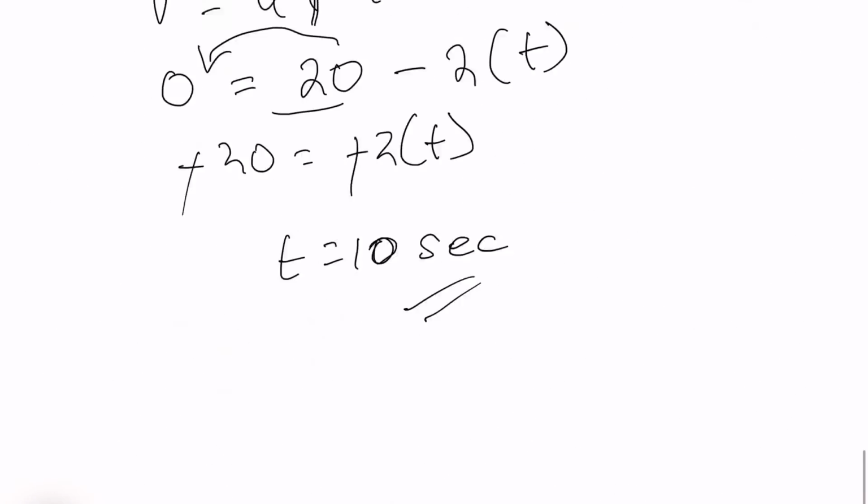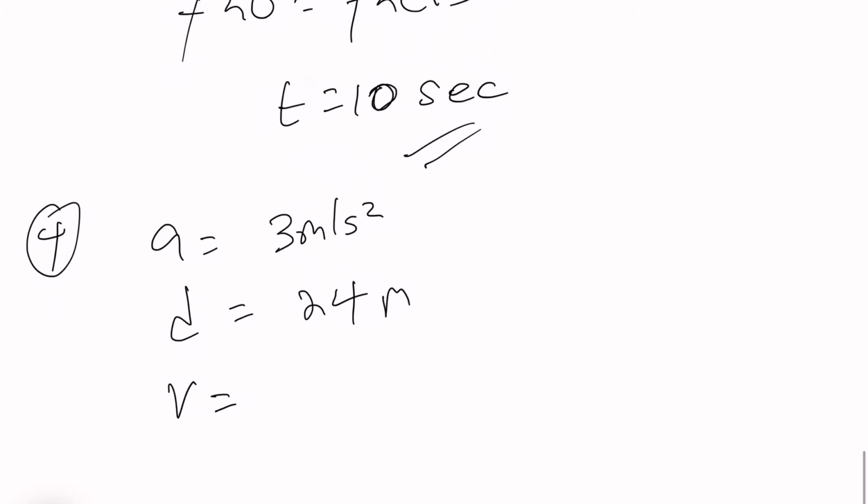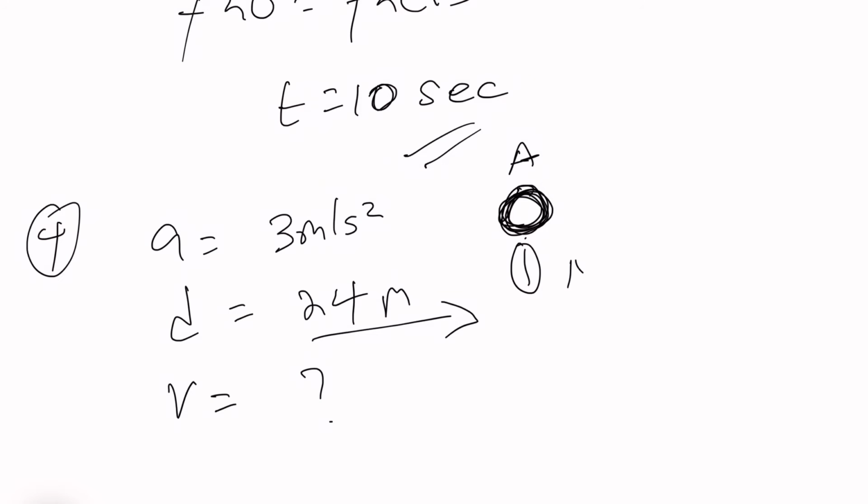So we have acceleration and we have distance. Question number 4, we're given acceleration to be 3 meters per second squared. Then we have distance covered, 24 meters. So they say find the velocity after it covered 24 meters. Now this is a car. Let me just draw a circle. At this point, the first thing that is happening to this car is that there's no force, so no movement.